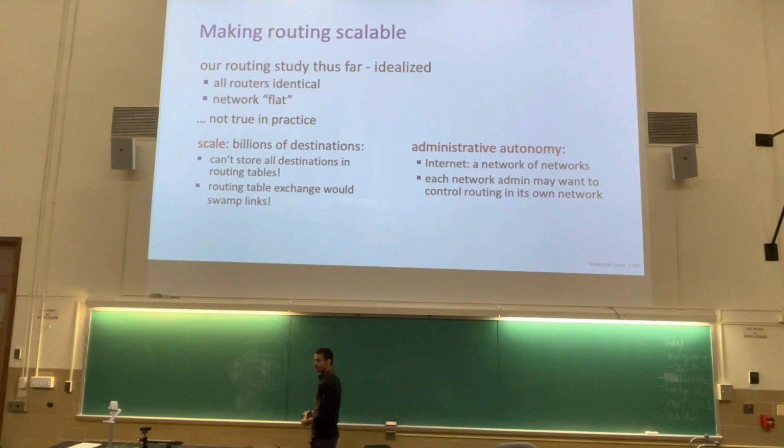So we want networks to be able to decide how they want others to route to them, and how they will choose routes to get to the rest of the network. That's administrative autonomy, and that's why these networks are also called either domains or autonomous systems. Okay? So those are high-level goals.